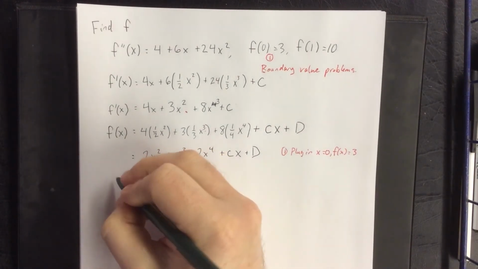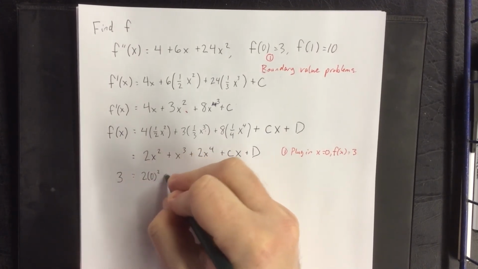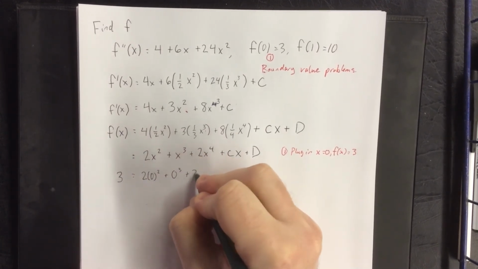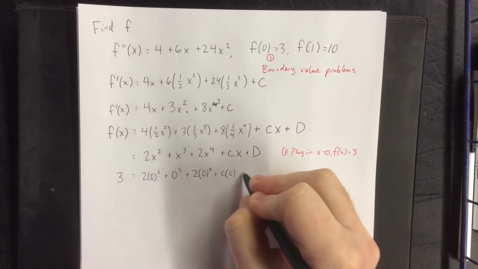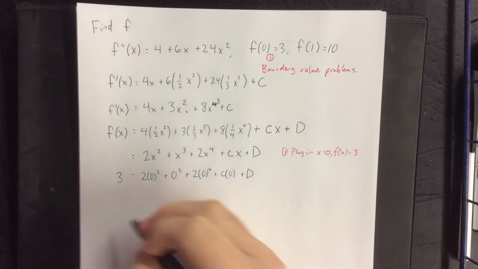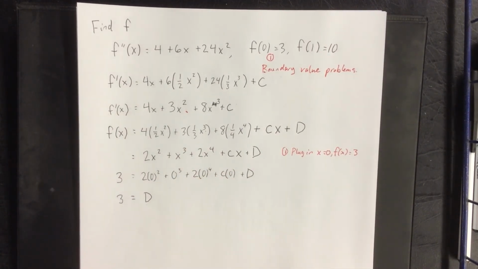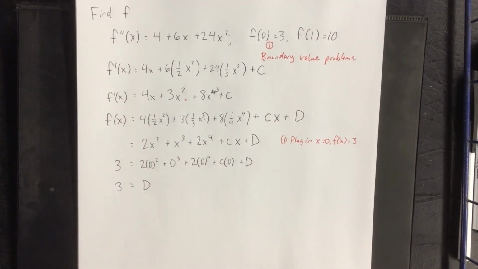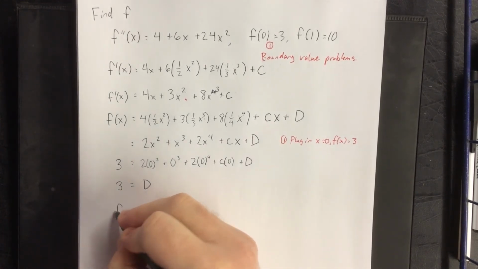So that'll be 3 is equal to 2 times 0 squared plus 0 cubed plus 2 times 0 to the fourth plus c times 0 plus d. Same thing as what happened on our previous problem. Most of the right-hand side is going to wind up canceling out. We're just going to get that d is equal to 3. And it's okay that we solve for d first. No harm, no foul.